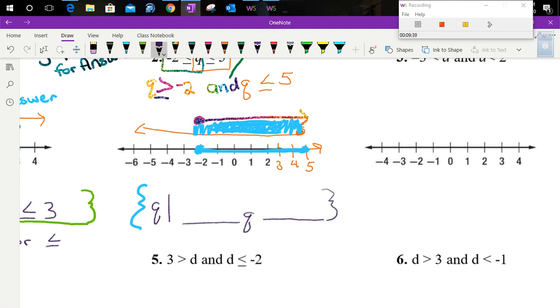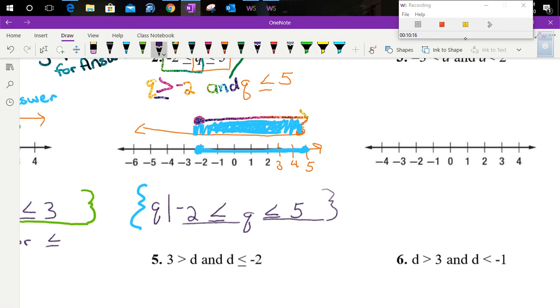Now, it gets easy if you think that the only thing I can have here is the less than or the less than or equal to symbol. Okay? Both of these have the equal to part. So Q is greater than or equal to, put our smallest number here, put our largest number here. Here's my smallest number, -2, goes here. The biggest number, 5, goes here.